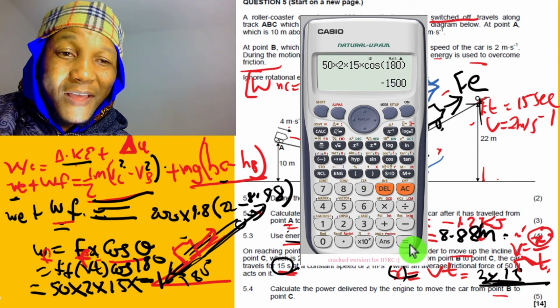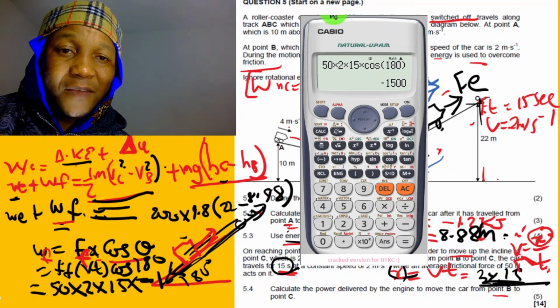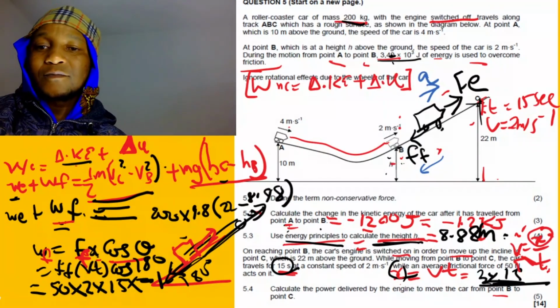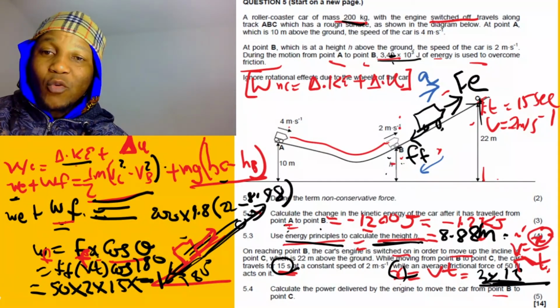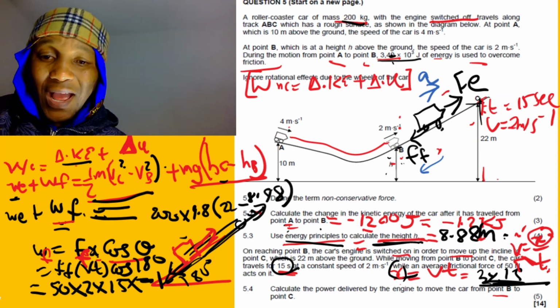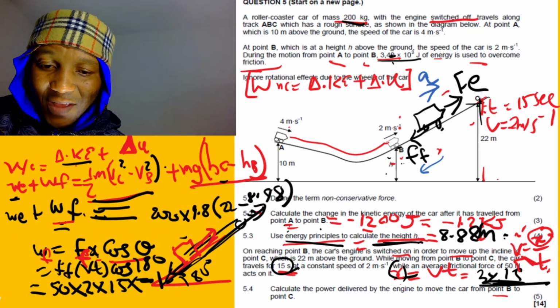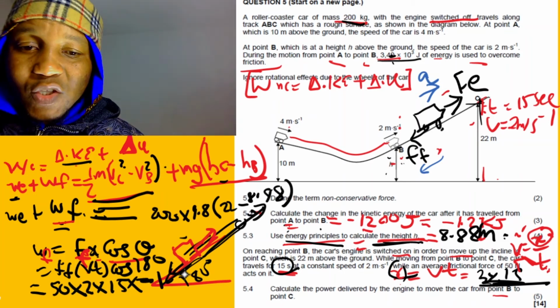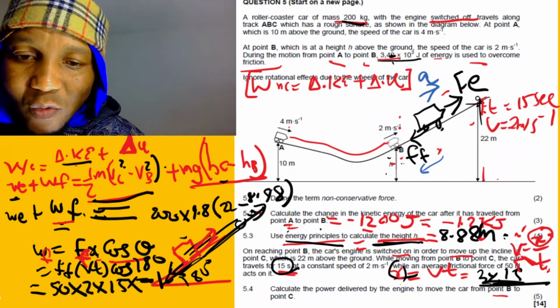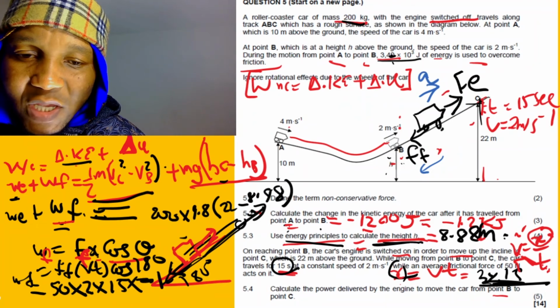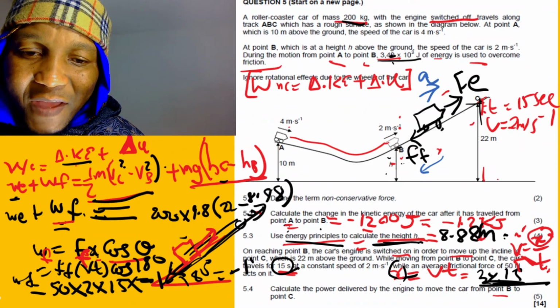Hey, negative 1,500. It's easy like that. Negative 1,500. Okay. So we already have the work done by friction, negative 1,500.